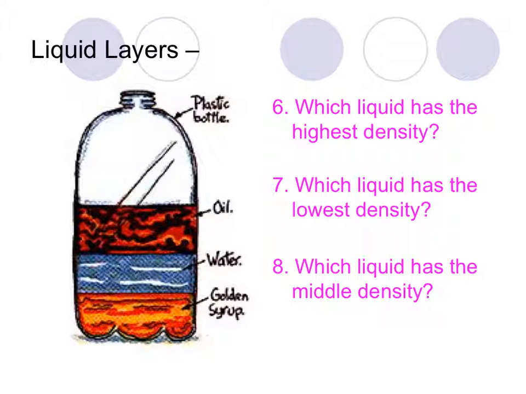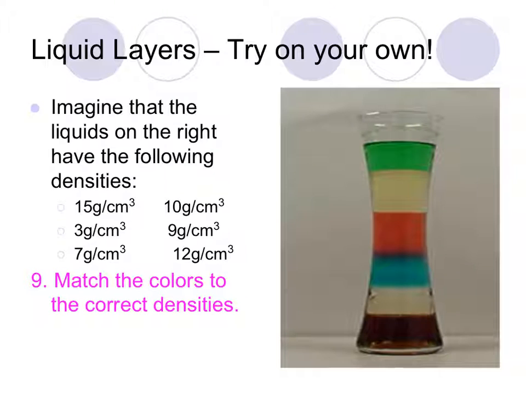So I'm going to let you answer these questions for your video guide, taking a look at the picture. And I'm also going to let you determine which liquids match which colors.